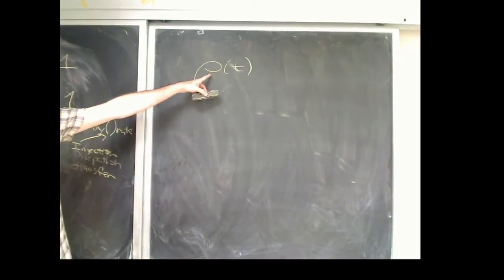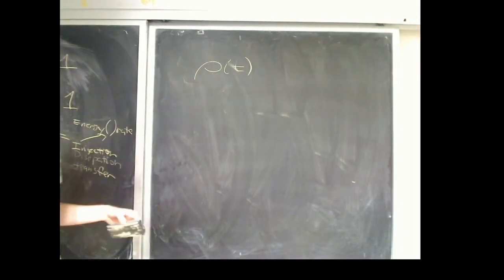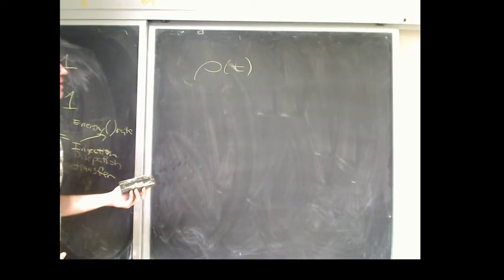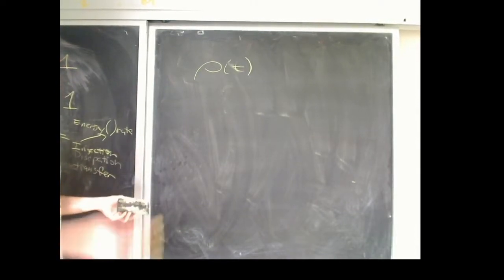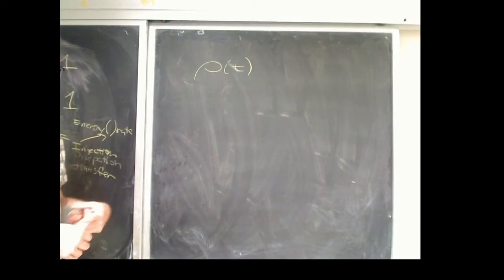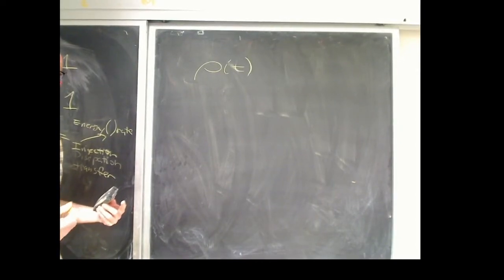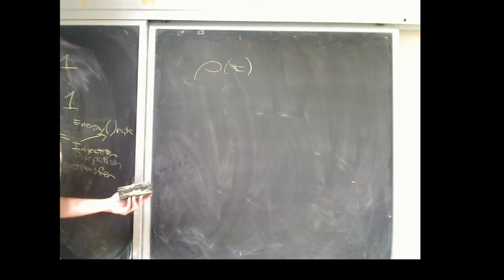If I have, say, density as a function of time, this could be a random chaotic function, but we want to talk about the structure in time. If I have a fluctuation at one point, what's the probability of having a fluctuation at a little bit later point? That could be 0. It could be 1. It depends on the structure.